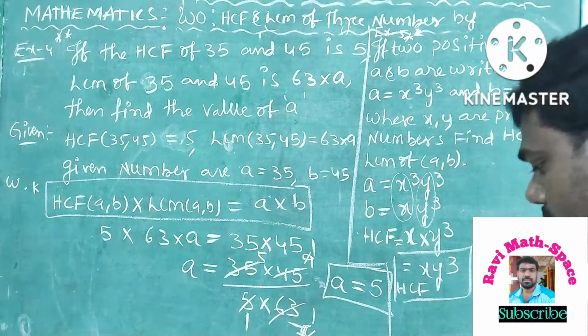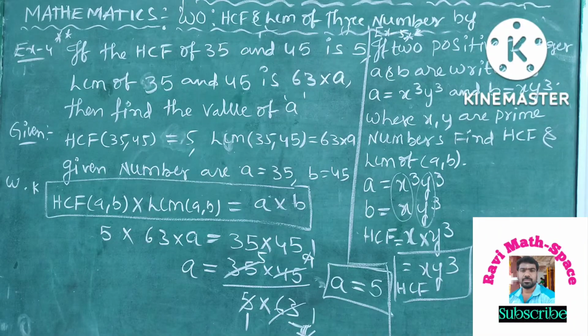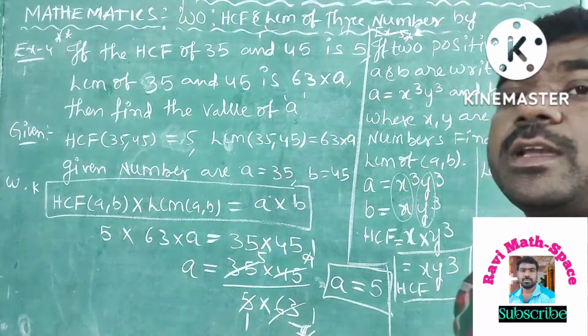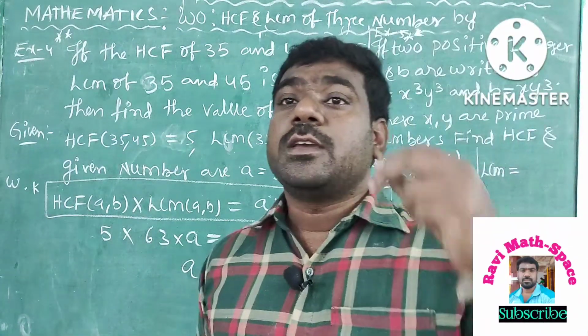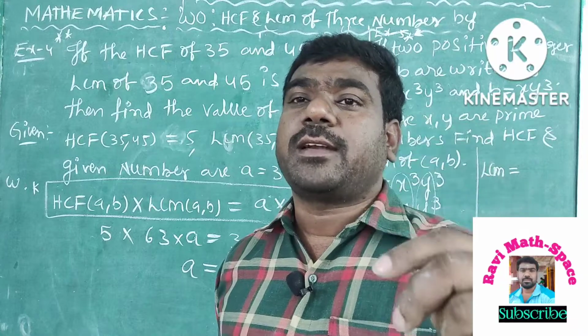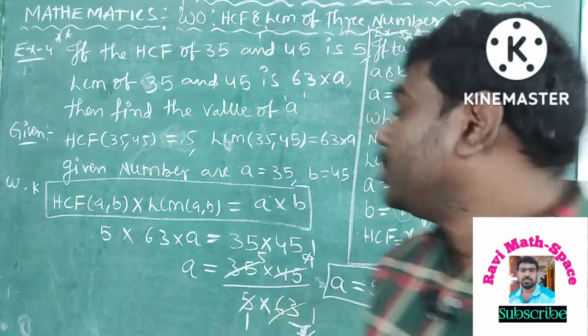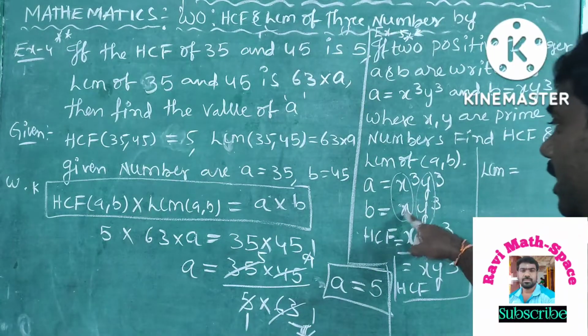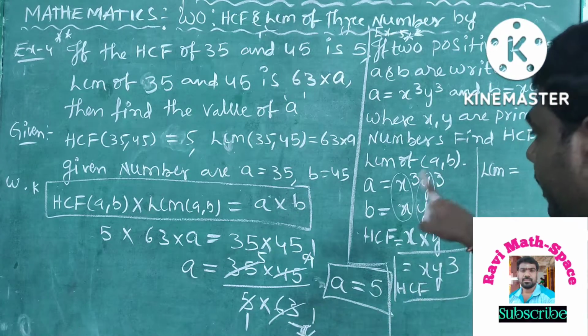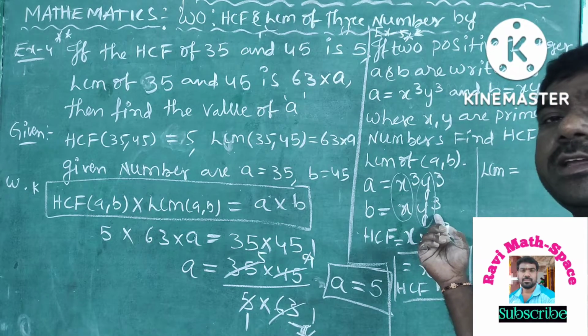Next, take the LCM. What is the formula of LCM? Product of the greatest power of each prime factor involved in the numbers. Total how many prime factors are here? 2 prime factors: x and y.